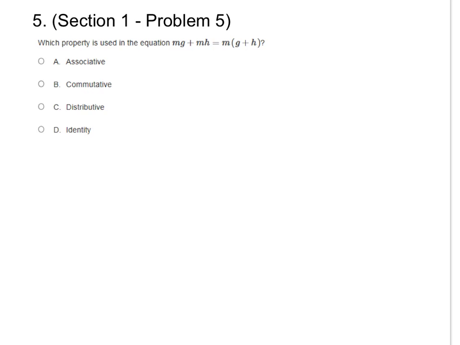So first we've got the associative property. The associative property deals with grouping, and it works for addition and multiplication. So in addition, if you are adding three numbers, so 3 plus 2 plus 7, and I'm going to write that over here too.